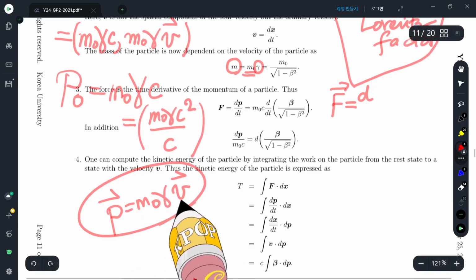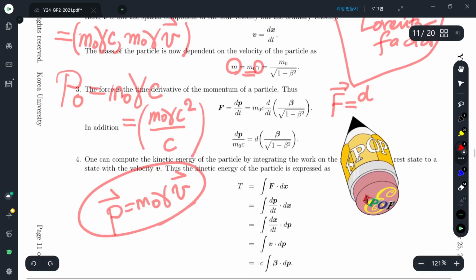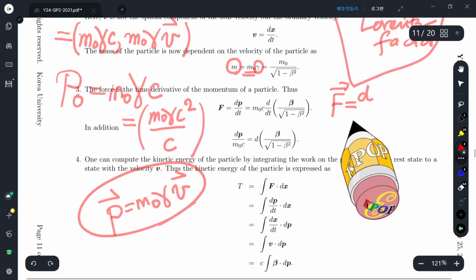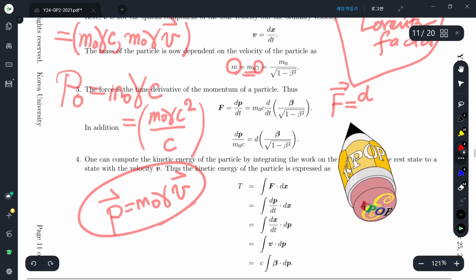What we want to do is compute the force, and then with that force we can find the work, just following the work kinetic energy theorem.